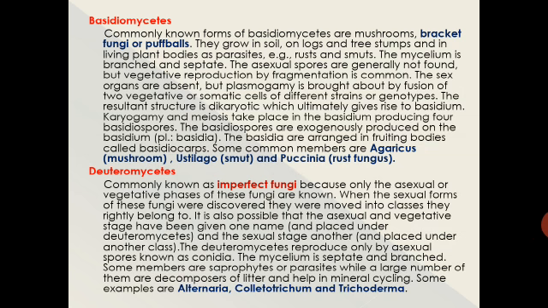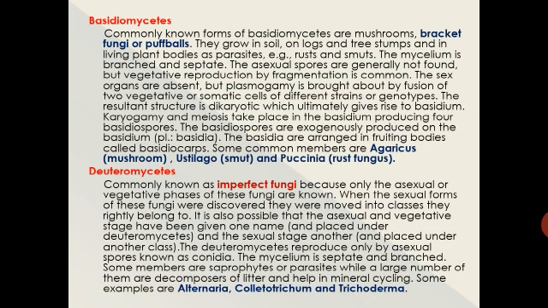The sex organs are absent, but plasmogamy is brought about by fusion of two vegetative or somatic cells of different strains or genotypes. The resultant structure is dikaryotic, which ultimately gives rise to the basidium. Karyogamy and meiosis take place in the basidium, producing 4 basidiospores.